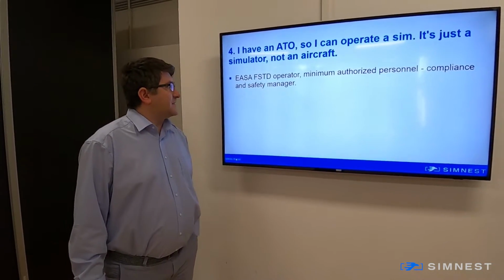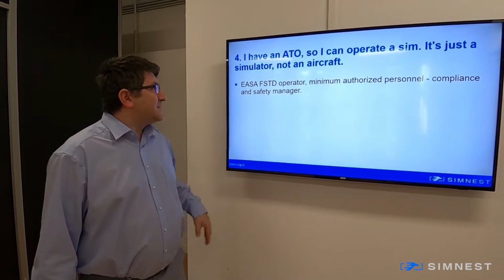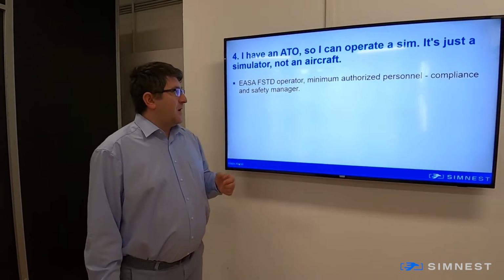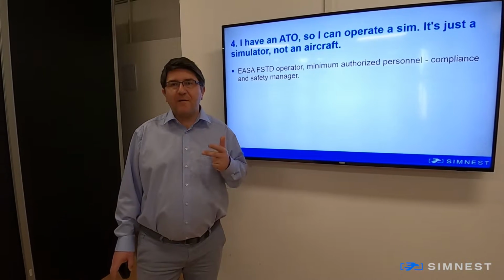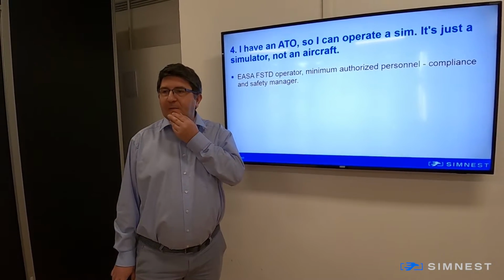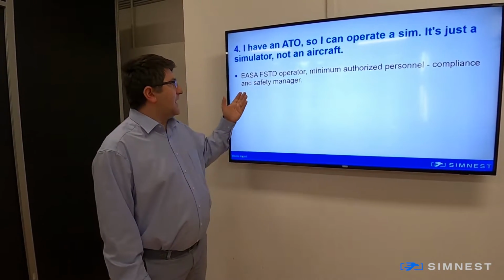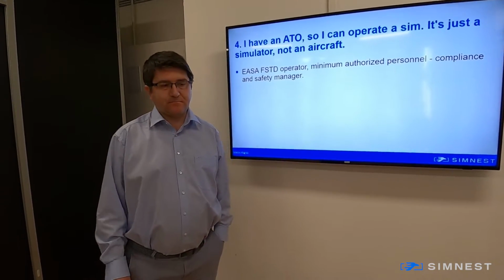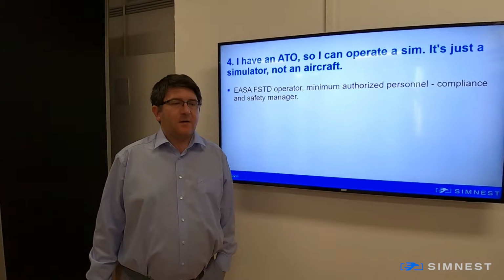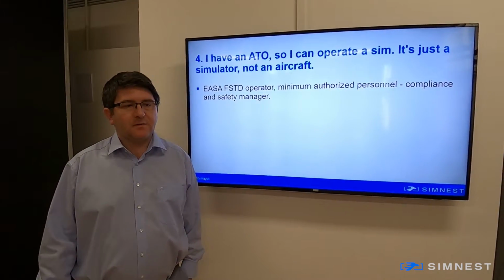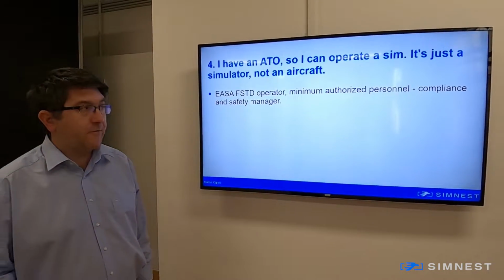Well, you must be an EASA FSTD operator, with minimum authorized personnel, a compliance and safety manager. So you have to build an EASA entity that is called FSTD operator, and your ATO is not enough for that.